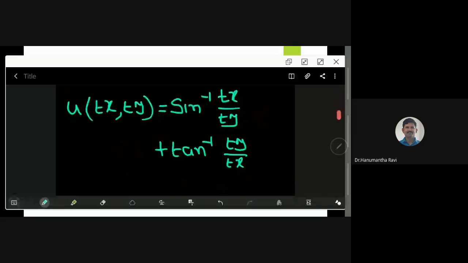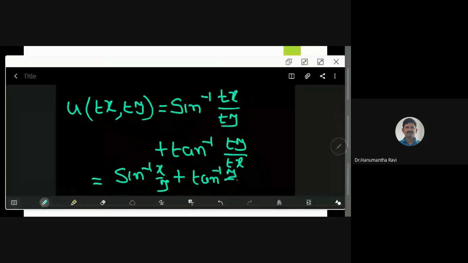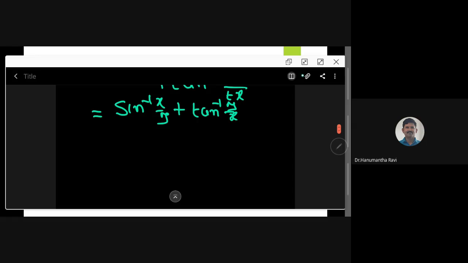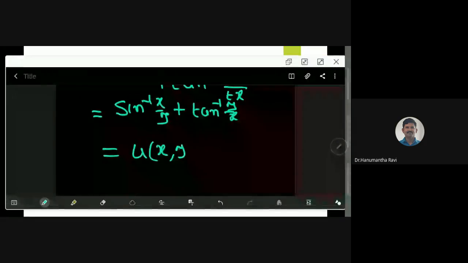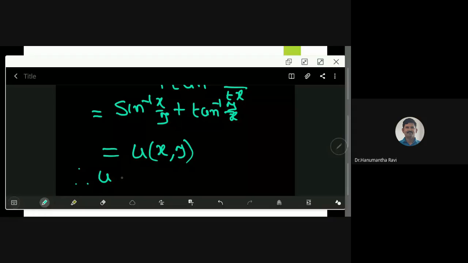Now this is equal to sine inverse x by y plus tan inverse y by x, which is nothing but u of x comma y. So we have observed that u of tx comma ty is equal to u of x, y.